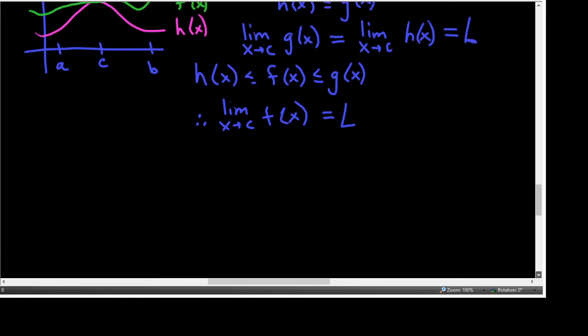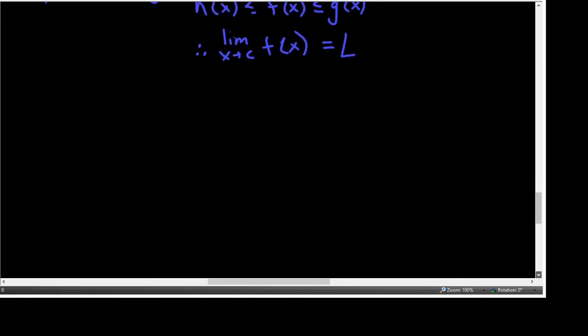All right. So this, by the way, that was called the squeeze theorem that we were just talking about. It's the name of that. Some also call it the sandwich theorem.